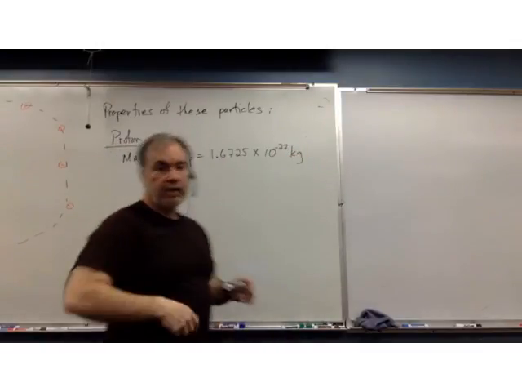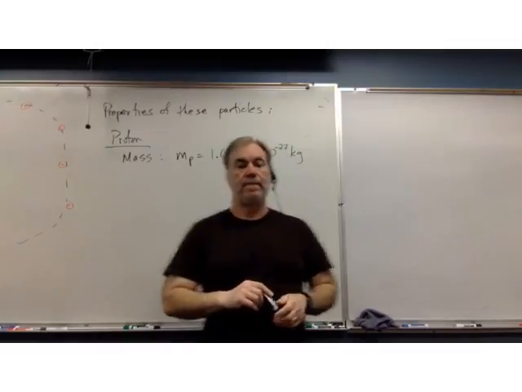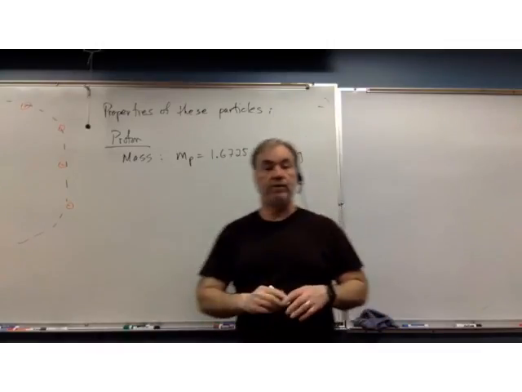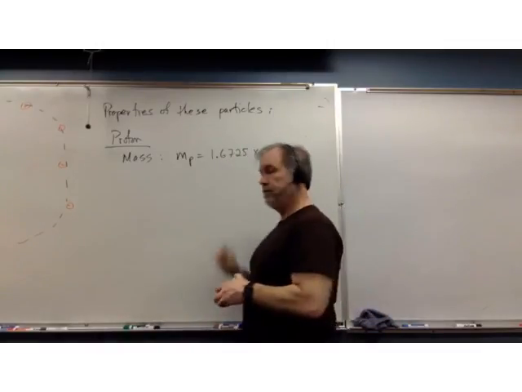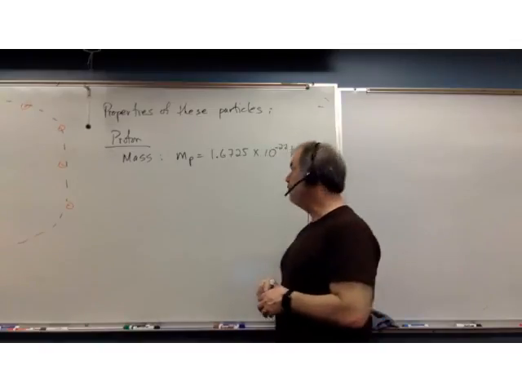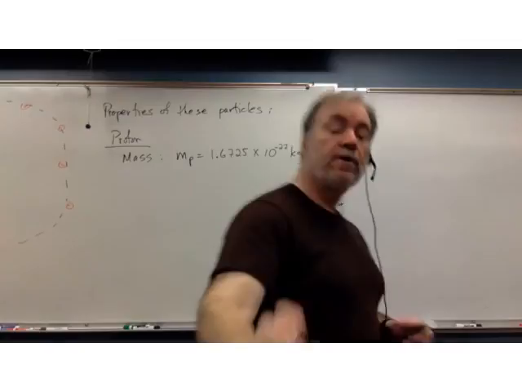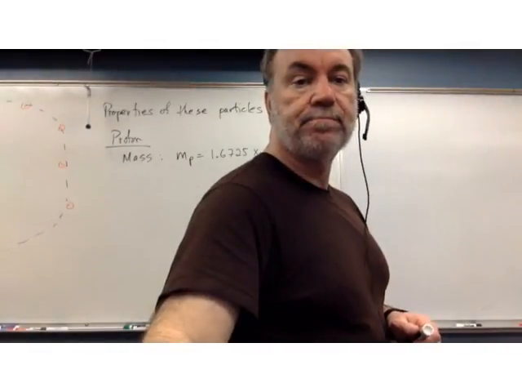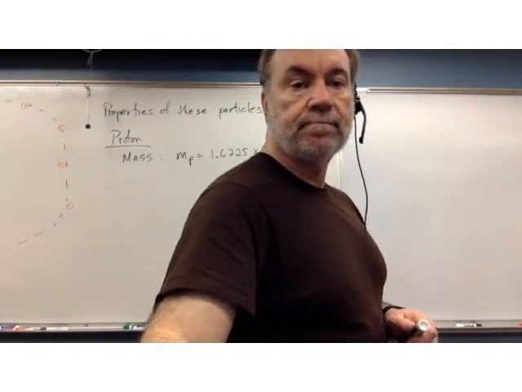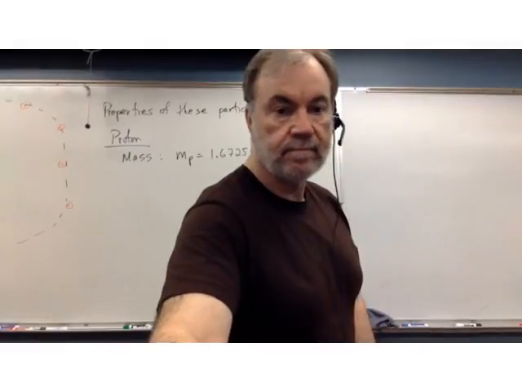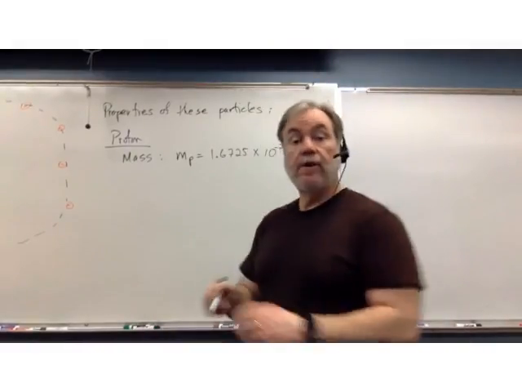Okay, and I just realized that I better check that number. So I'm going to pause the recording and check to make sure I got that number right. I just pulled it out of my memory, and since I'm recording this, I better get this right. It turned out it was a good thing I checked.